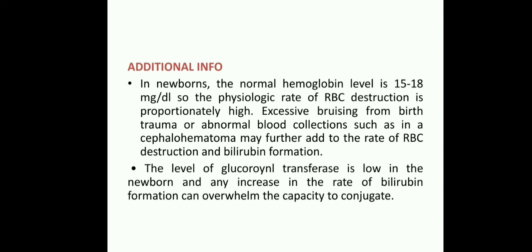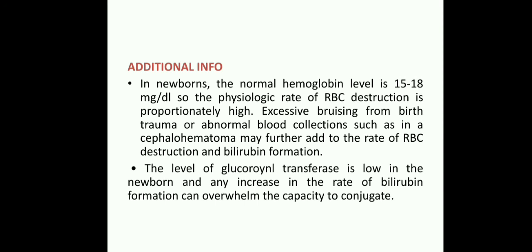Did you get this? This is the important point you should learn in neonatal jaundice. The level of glucuronide transferase is low in newborns, and any increase in the rate of bilirubin formation can overwhelm the capacity to conjugate. So the child is having increased bilirubin levels. Did you get this point?